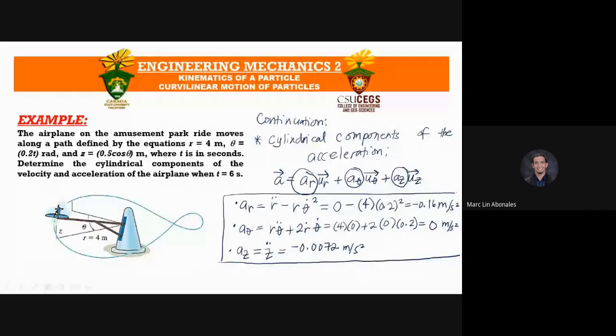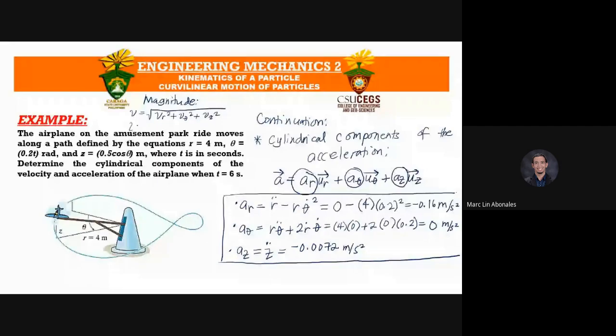So kung mag-determine mo o magnitude sa velocity and acceleration for the 3-dimension, kung magnitude, Pythagorean theorem lang, since dili ba na kanatong gipangita, pero kung pangitaon na, that is V is equal to the square root of VR squared plus V theta squared plus VZ squared. So, Pythagorean theorem lang.